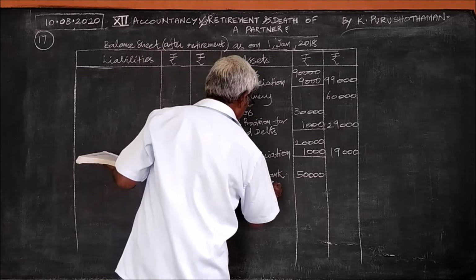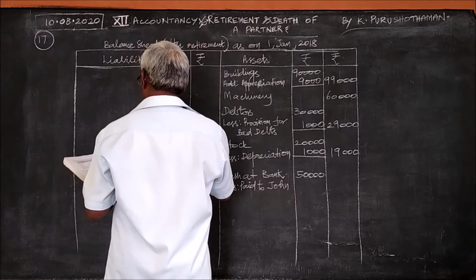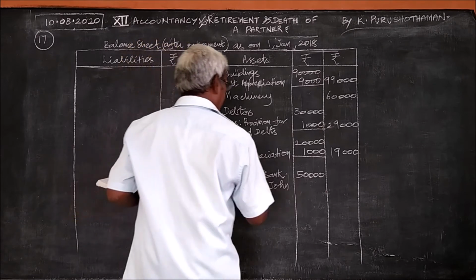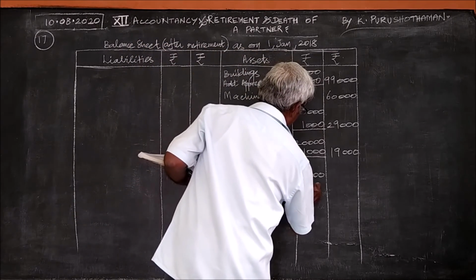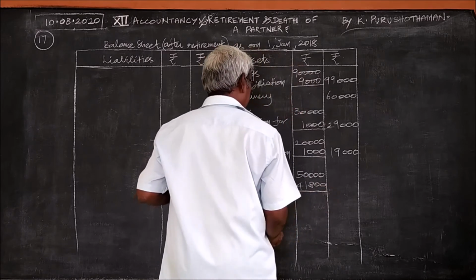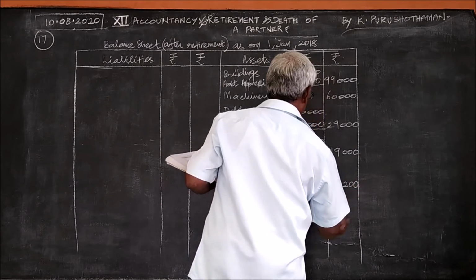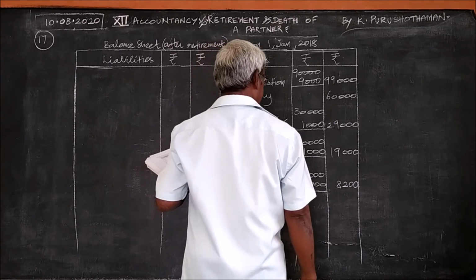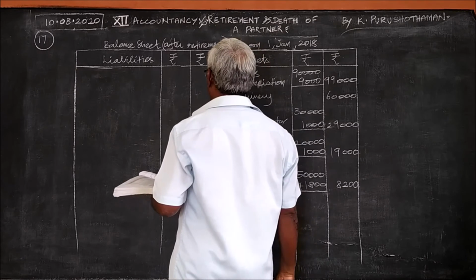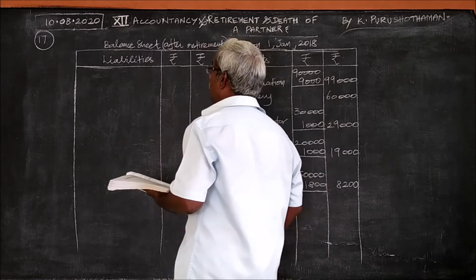John retires. Less paid to John. The amount paid to John is 41,800. So the balancing figure is 8,200. Then profit and loss account has been taken to capital account. We need not attend to it now.